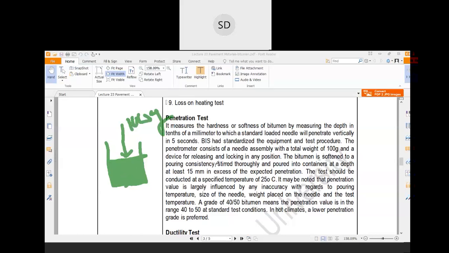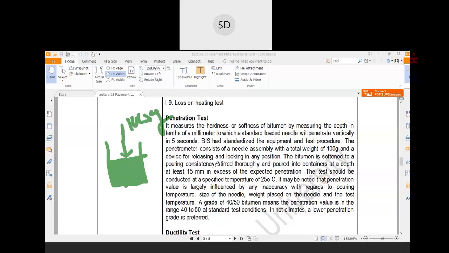Now as the grade increases, it means that the penetration in the bitumen is higher than the lower grades. So if the grade is higher, it would be very much susceptible to the temperature changes. It would be very much sensitive toward the high temperature.